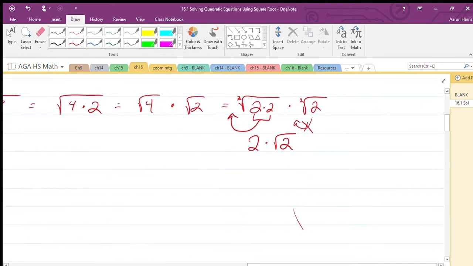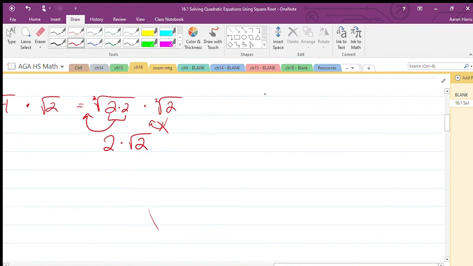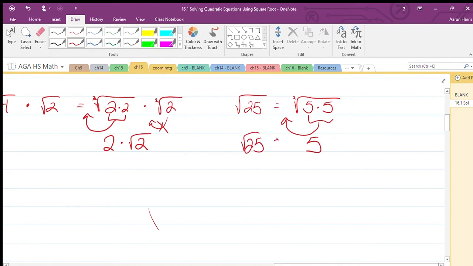Okay? Let's take something real simple. Square root of, let's say, 25. I really have what? 5 times 5. Do I have 2 of them? Yes, I do. So how many can I bring out? I can only bring 1 out. So the square root of 25 is equal to 5.